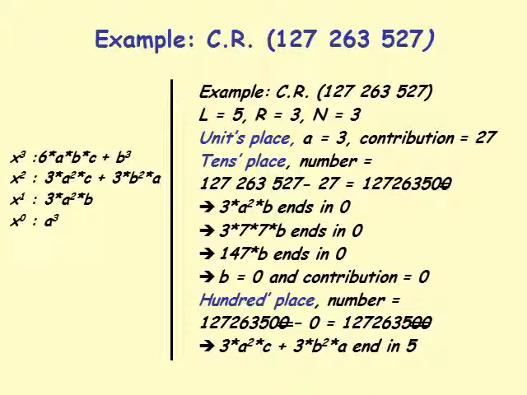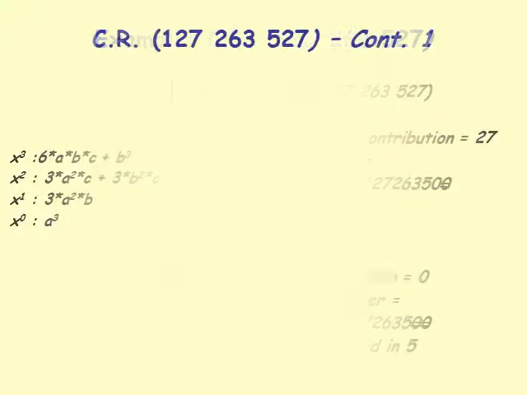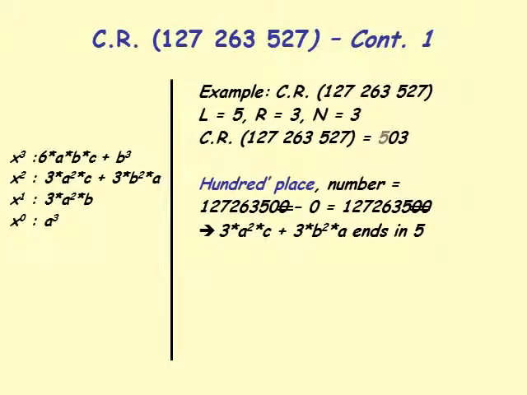Let's continue here. So that means 3a squared c, which is that one, plus 3b squared a, ends in a 5. This is the digit 5 here. So far this is what we had. So 3 times 3 times 3, a is 3 right here, times c, with b being 0, ends in a 5.